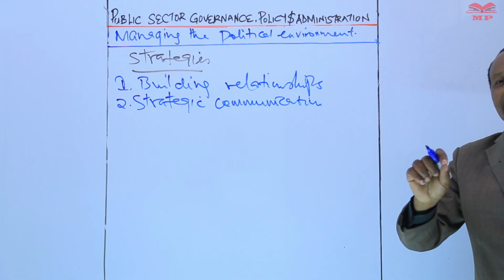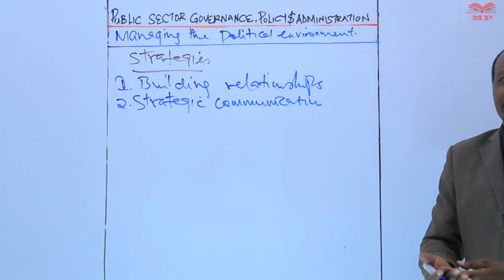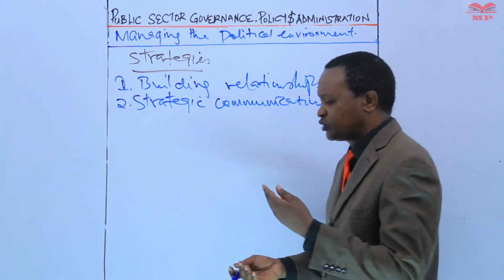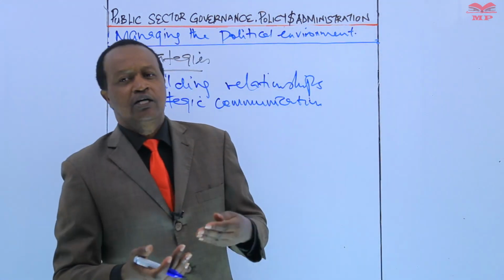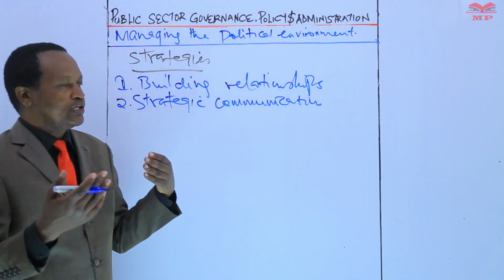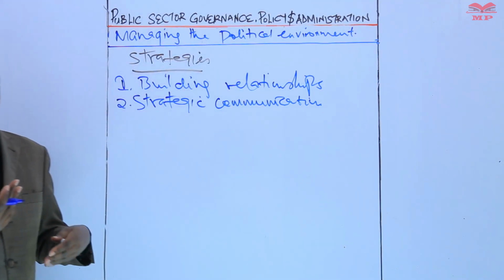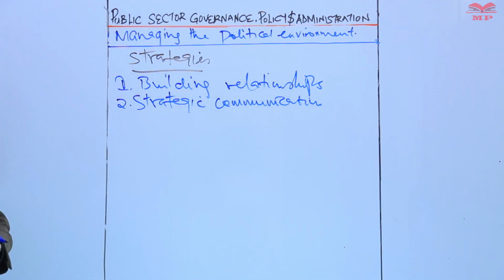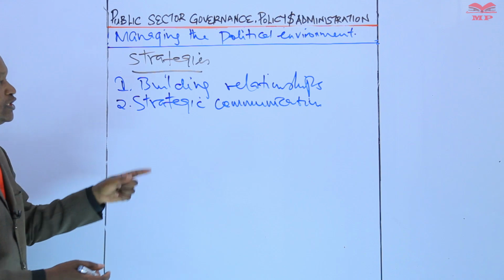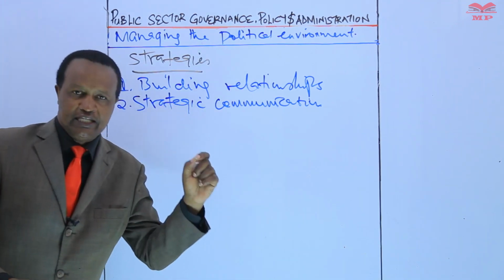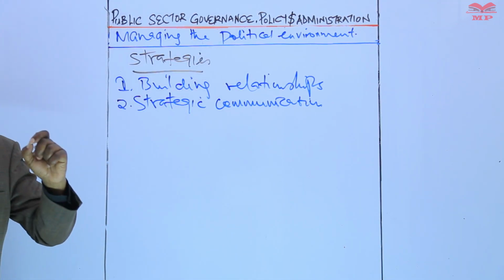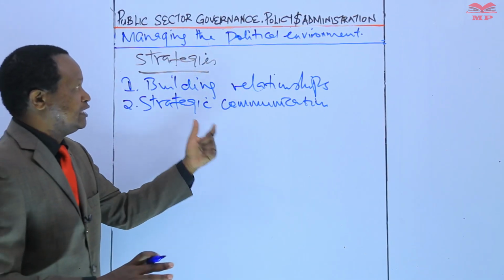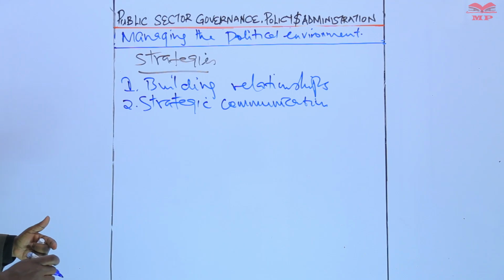And that involves utilizing various communication channels such as press releases, social media, public hearings, community outreaches, to effectively convey messages and also address concerns. Strategic communication is key. Developing and implementing a comprehensive communication strategy can go a long way in managing the political environment.